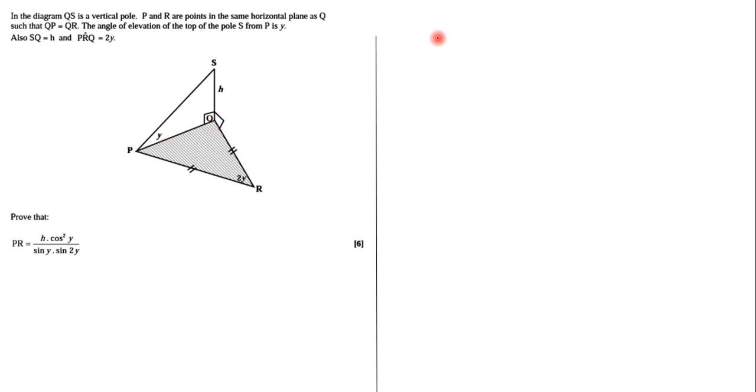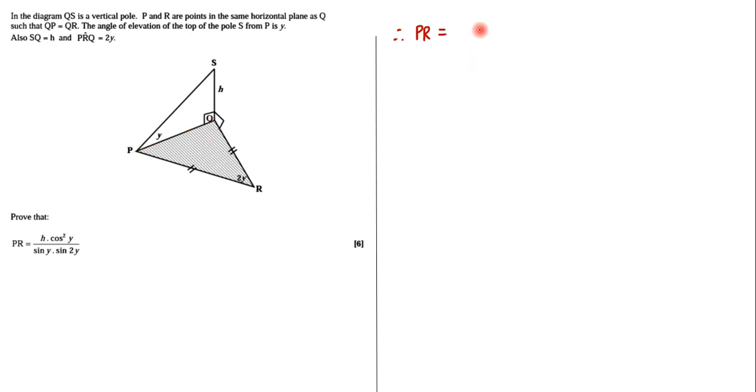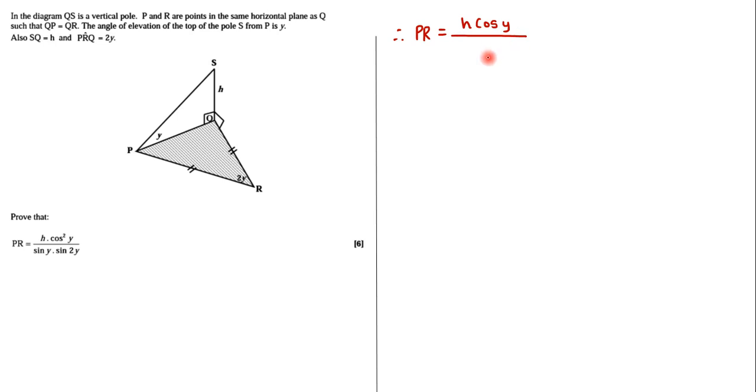So let's start off with this part. Here PR becomes, 90 minus is a co-function again that belongs in the first quadrant, so it changes into cos y, and then I have tan y there, so tan y becomes sine y over cos y, but then I still had that sine 2y.